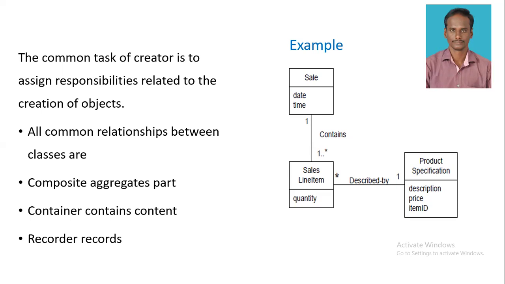Already we discussed the multiplicity among the different classes. Also, the common task of creator is to assign responsibilities related to the creation of objects. Common relationships between classes are composite aggregates part, container contains the content, and recorder records the objects. This method has some benefits: it has low maintenance due to low coupling, and it has higher opportunities for reuse.